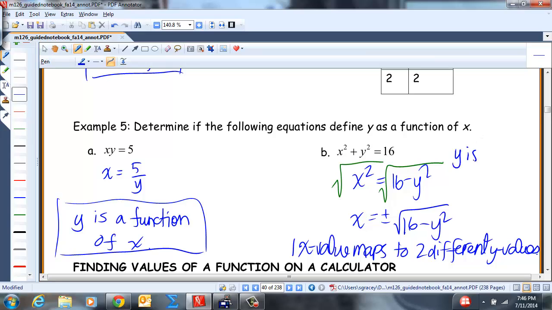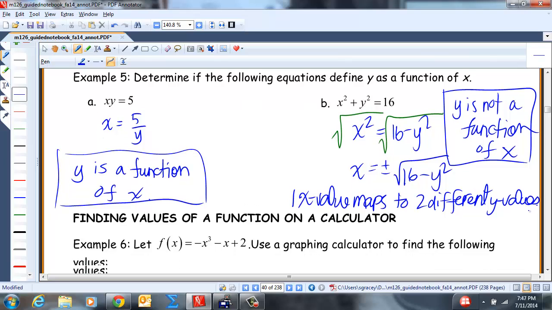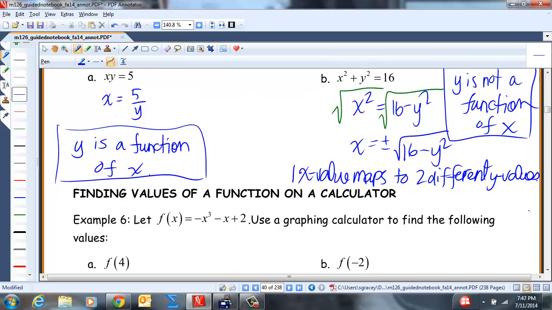Y is not a function of x. Again, for graphing purposes, you would isolate y, but we're determining if y is a function of x. And so this was the best way I could see.